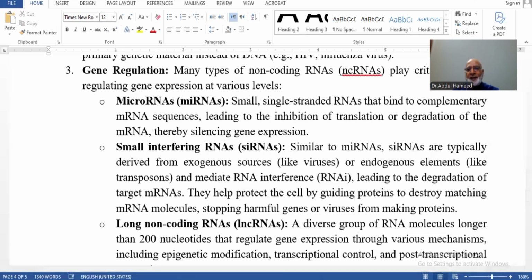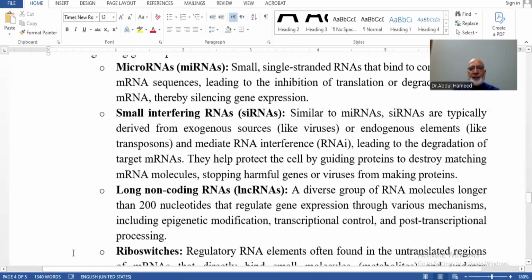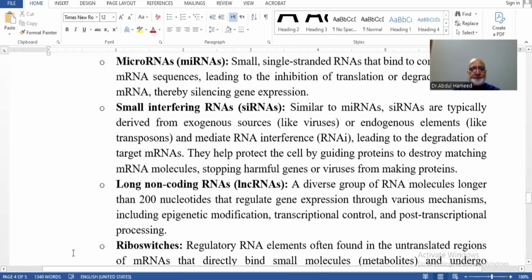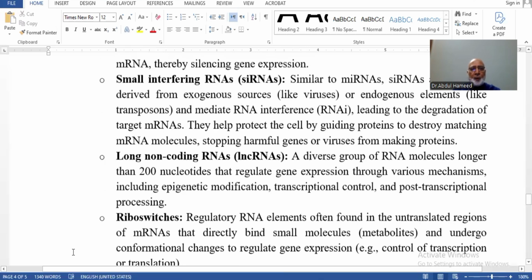They help to protect the cell by guiding proteins to destroy the matching messenger RNA molecules, or stopping the harmful genes which may be present within the cell, or viruses which carry those genes.